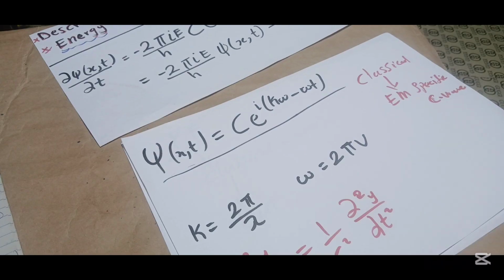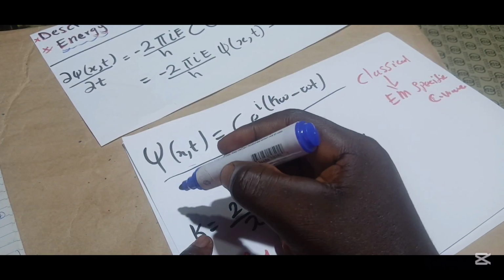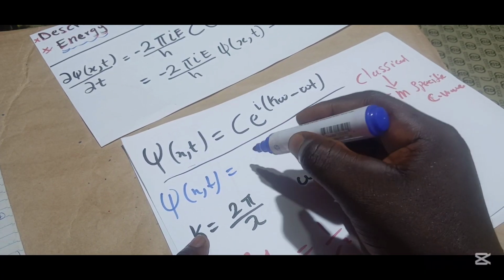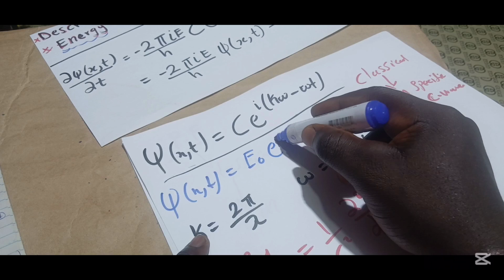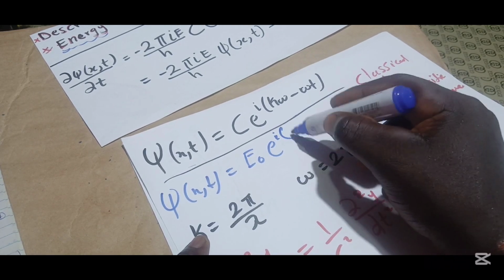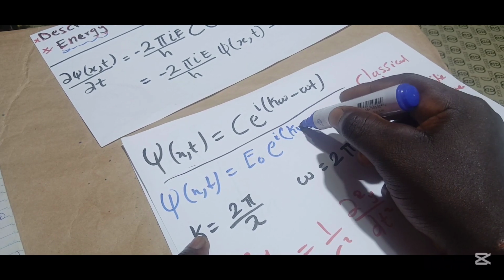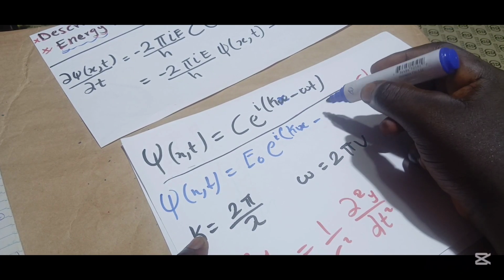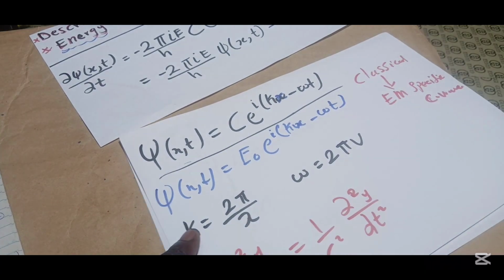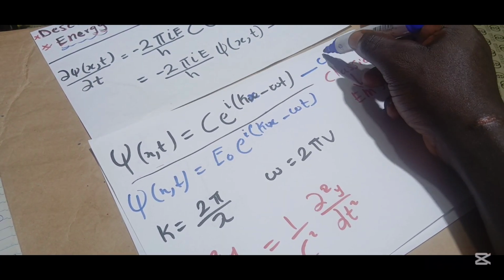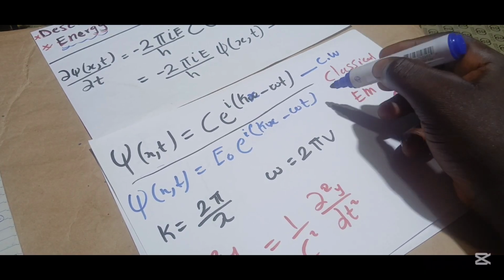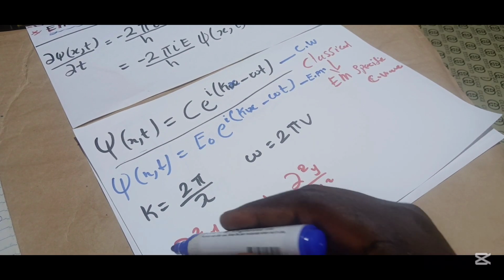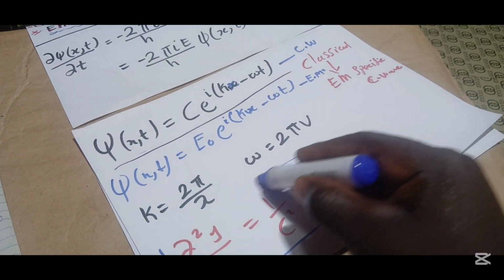Let me write that down here. This should rather be kx minus omega t. Here is the classical wave equation, and here the electromagnetic wave equation, right? And their differential forms also have the same structure.